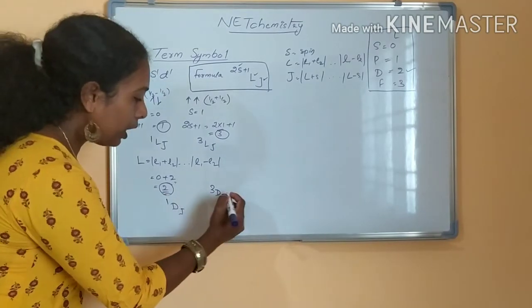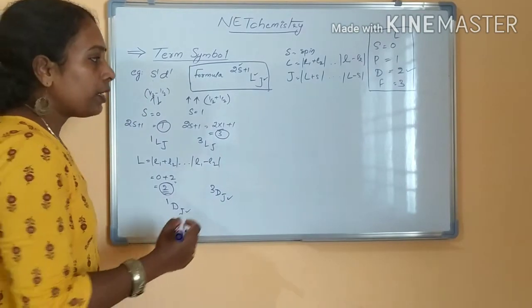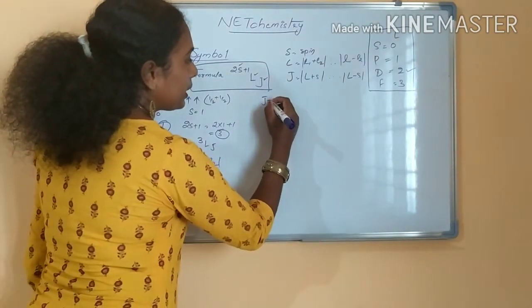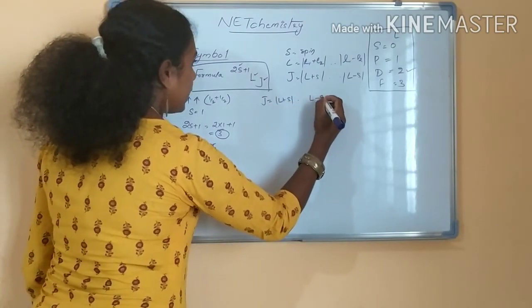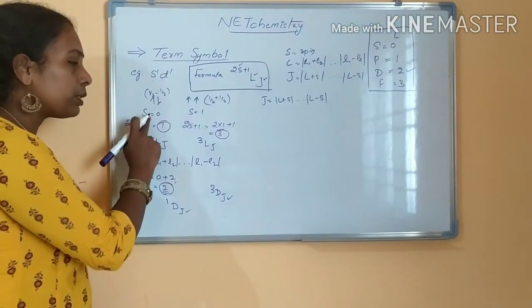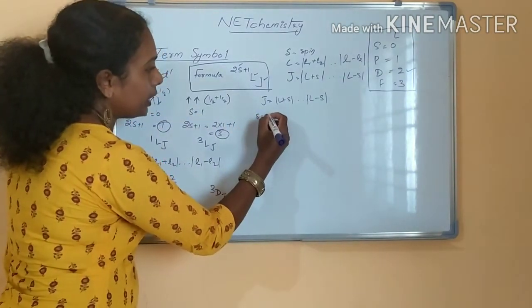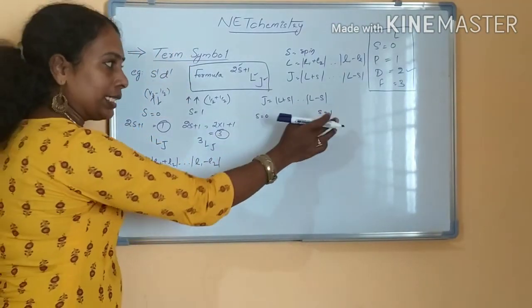Now the only thing remaining is the J value. How to calculate the J value? J is equal to L plus S to L minus S. Here two different conditions are there: spin equal to 0 and spin equal to 1.